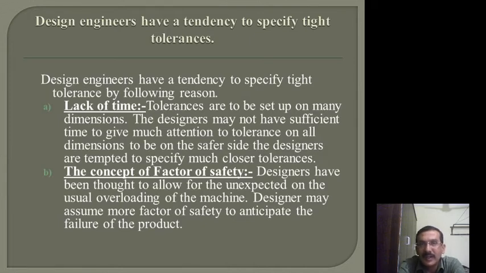All this comes under the design engineer, who has a tendency to specify tight tolerance at various stages to achieve quality at various levels, especially in statistical quality control. Specifying a tolerance is very important, and the design engineer has a tendency to set tolerance at various stages.